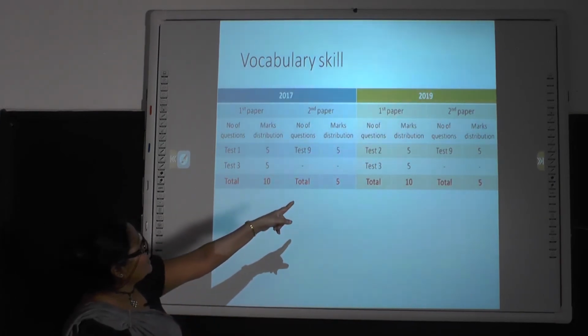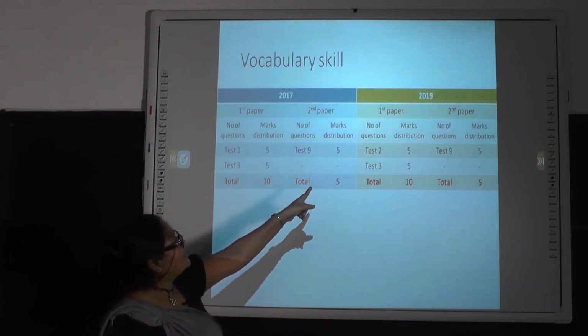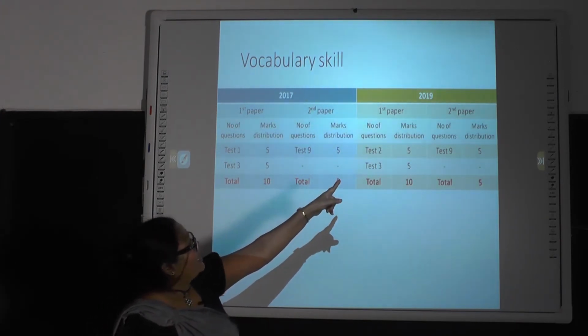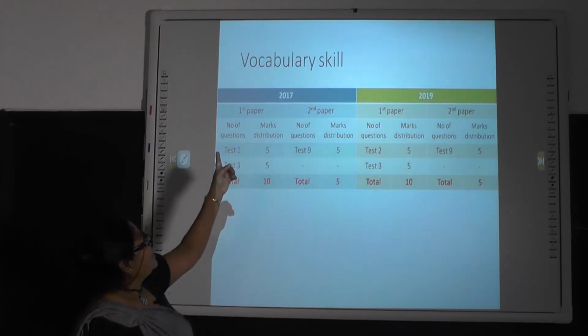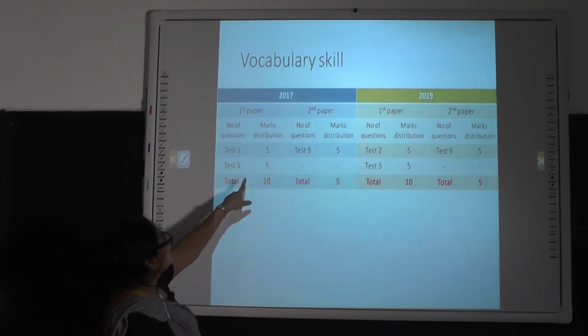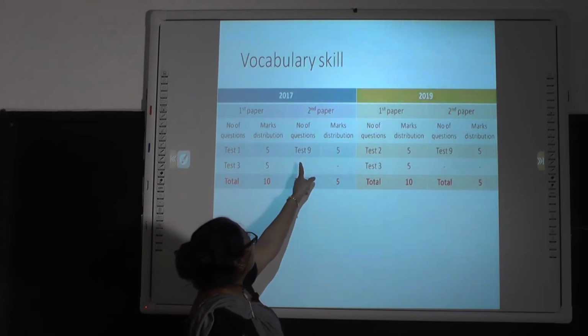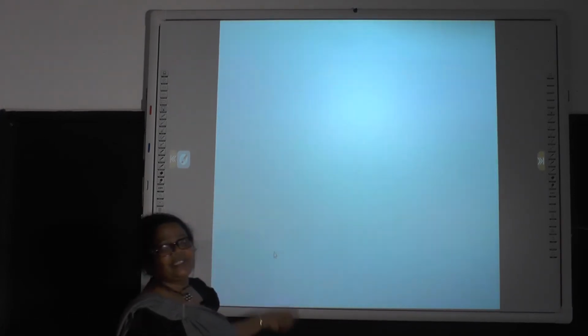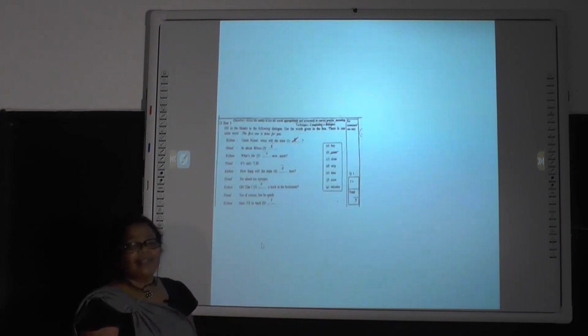And 2019 same, first paper carries 2 tests, that is test 2 and test 3, and second paper once again test 9 here under vocabulary skill. Right, now you can see all together 2 questions here. The first paper you can see each year, and for the second paper only 1 question. All together 3 tests under vocabulary skill.